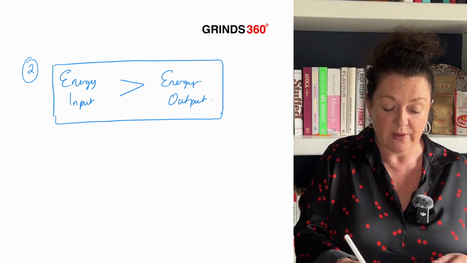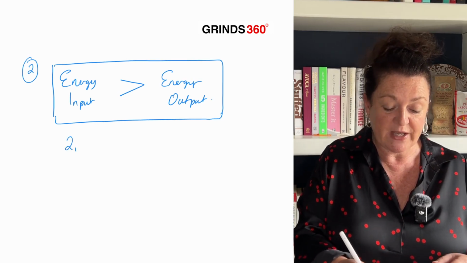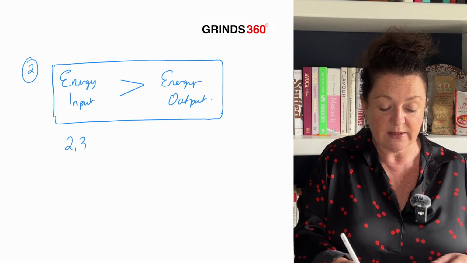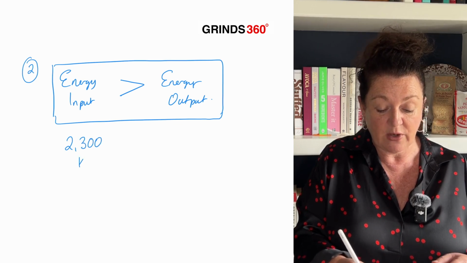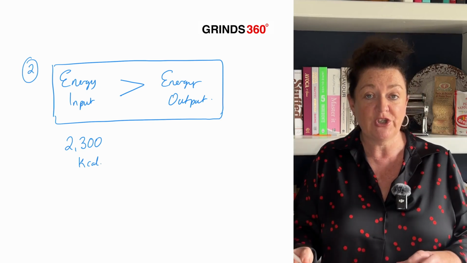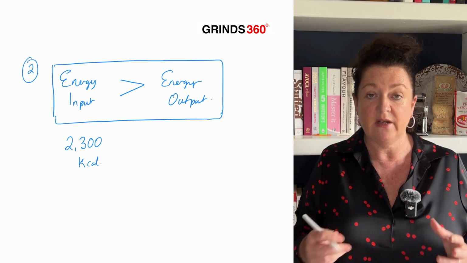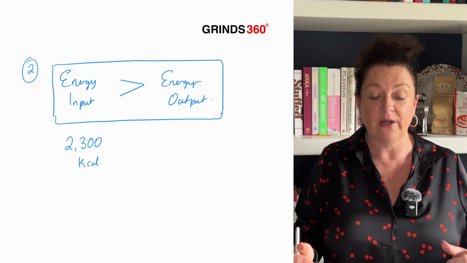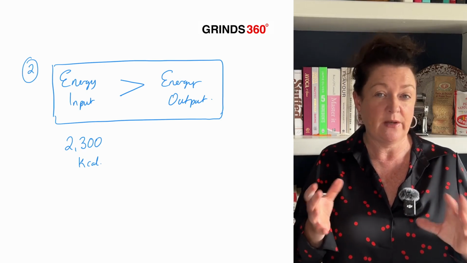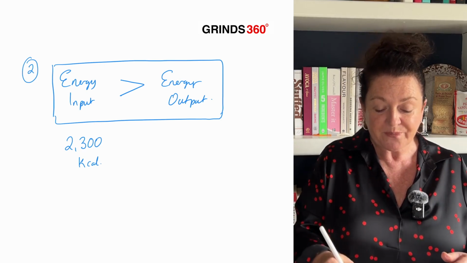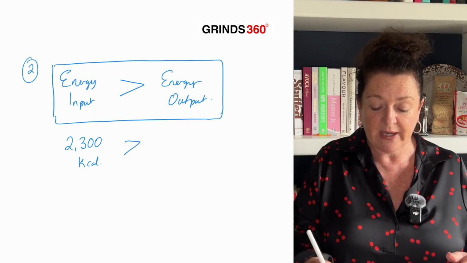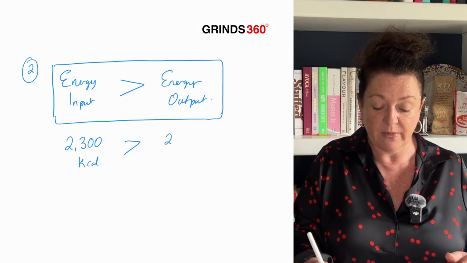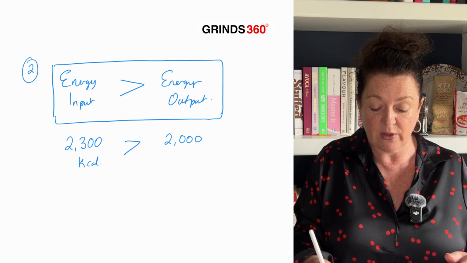So for example, we'll take somebody whose energy input on a daily basis is about 3,000 kilocalories. Now, you can put any figure you wish here within reason. Obviously not something mad like 5,000, but anywhere between 2000 and 2500. And that's greater than my energy output, which for example might just be 2000 kilocalories.